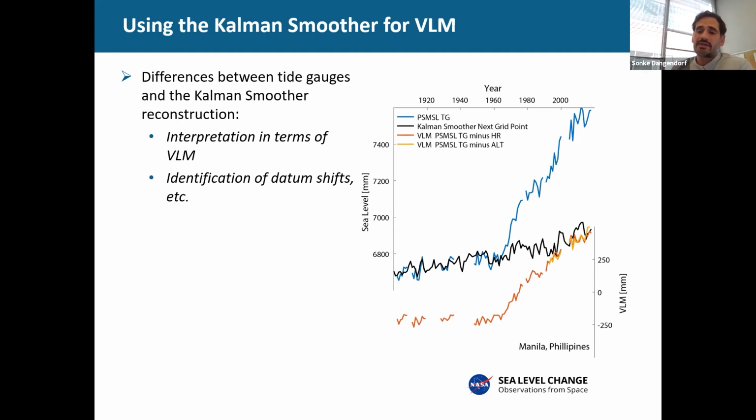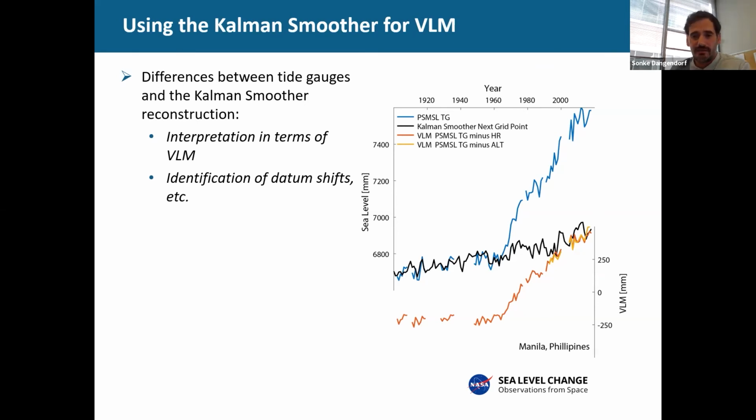So our reconstruction from the Kalman Smoother now goes back to 1900, which offers the possibility of estimating vertical land motion from the difference between the two back into the early 20th century. And that's actually an ongoing project that we have within the framework of the NASA Sea Level Change Team.